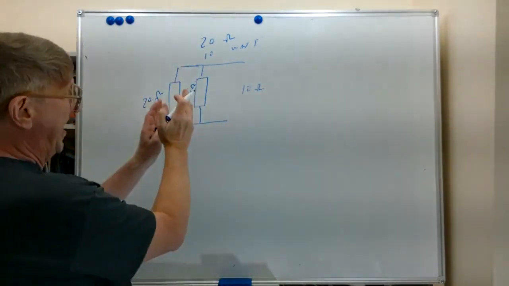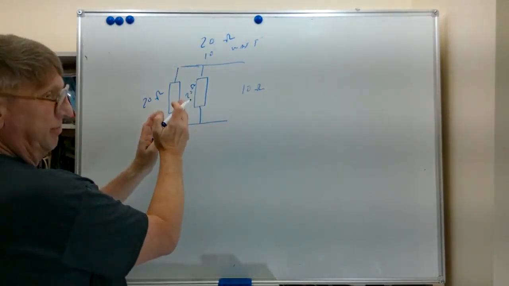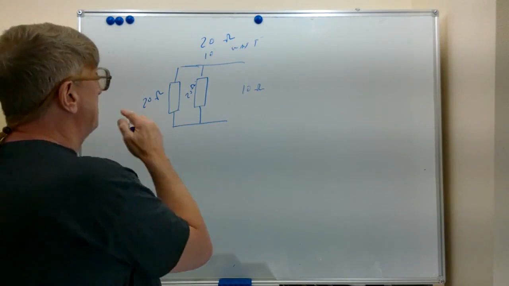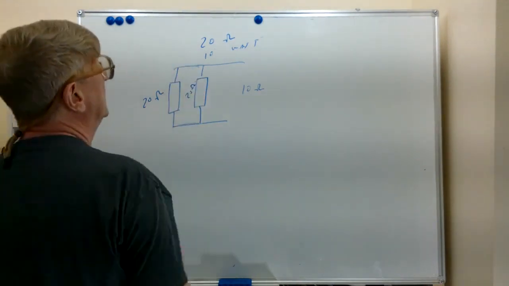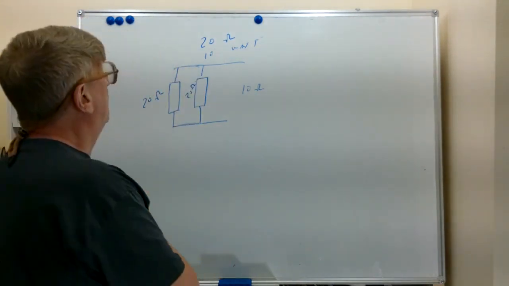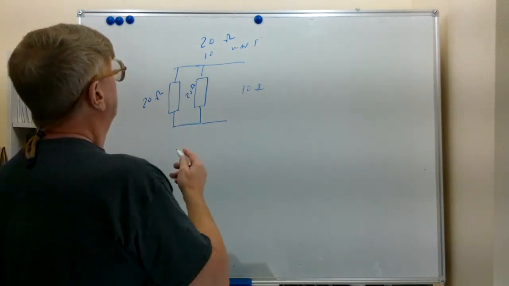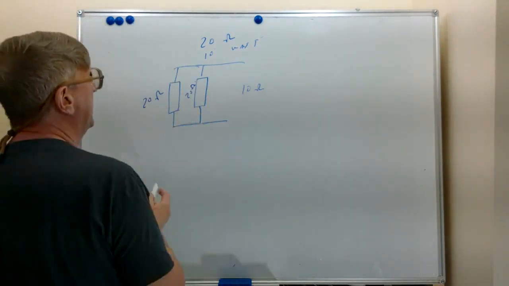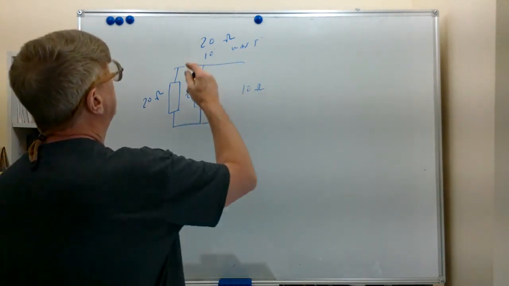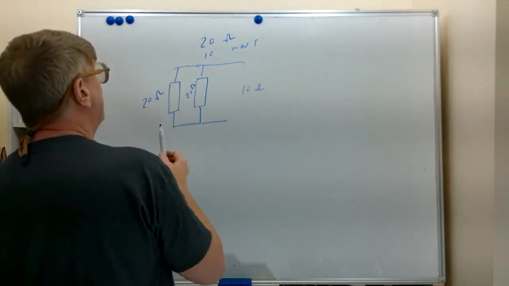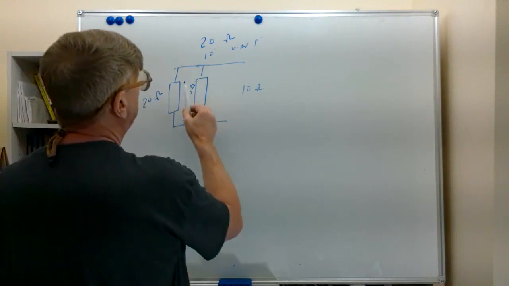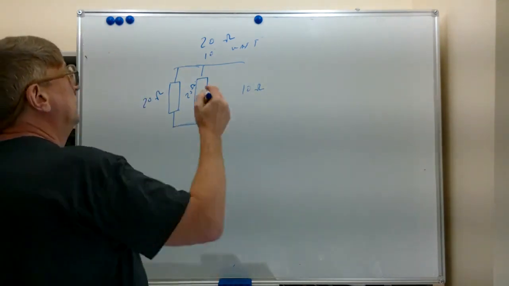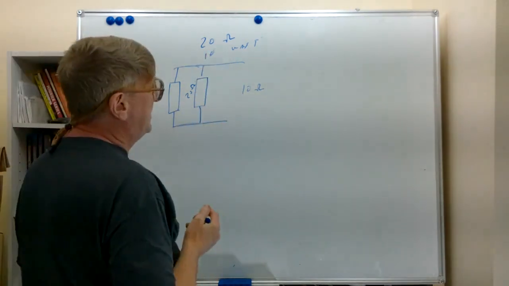When we put two equal value resistors in parallel, rather than in series as before, the resistance of the total package is halved. But because they're equal value, the currents split equally between them, and the power dissipated splits equally between them.